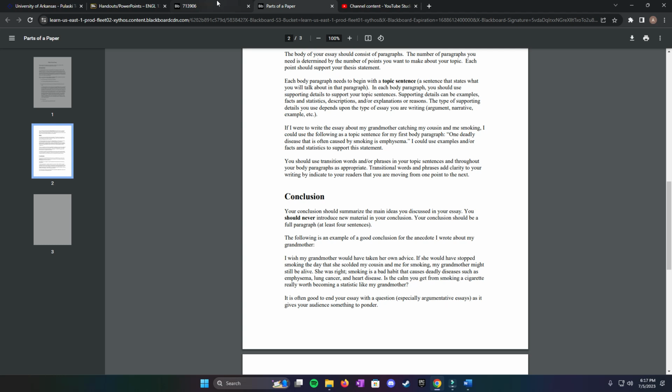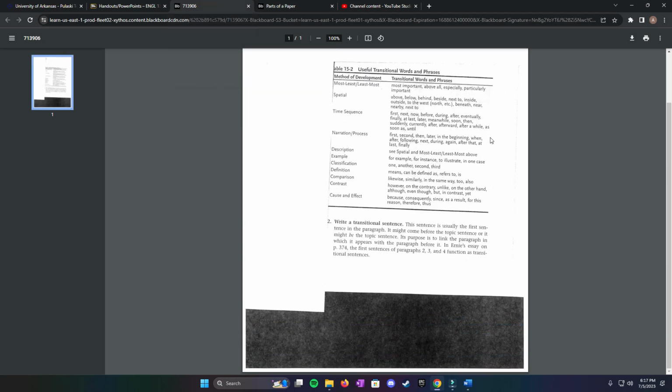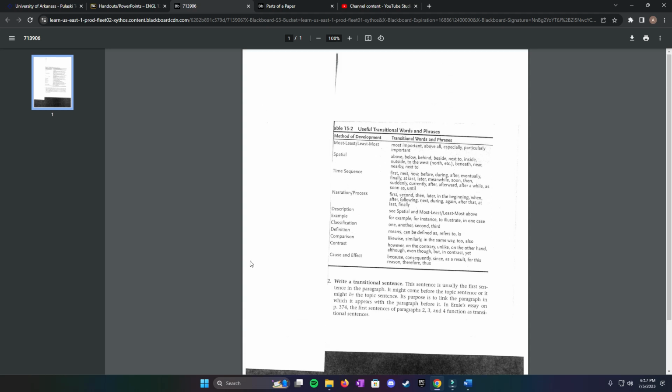And I do have this other handy dandy PDF. It's like a little list of transitional words and phrases. The example I like to give is the time sequence one: first, next, then, meanwhile, currently.